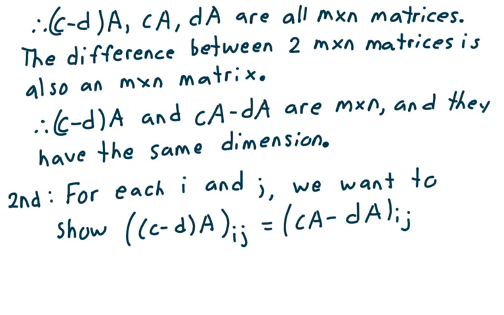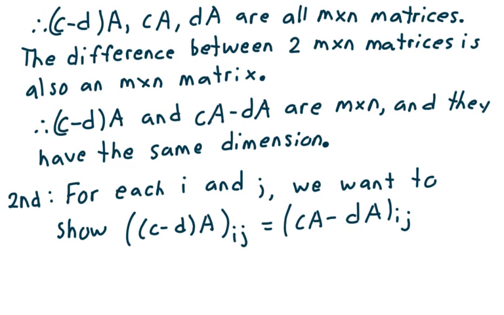Additionally, the difference between two m by n matrices is also an m by n matrix. And so therefore, (C minus D) times A and CA minus DA are m by n, and they have the same dimension. So that's the first step of this proof.